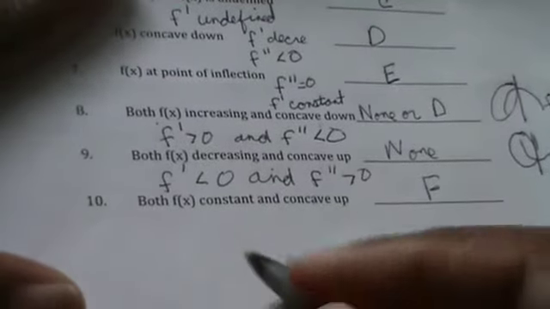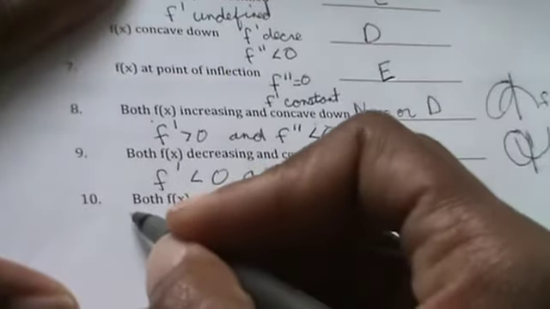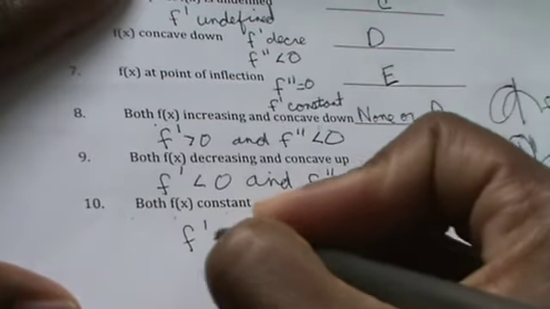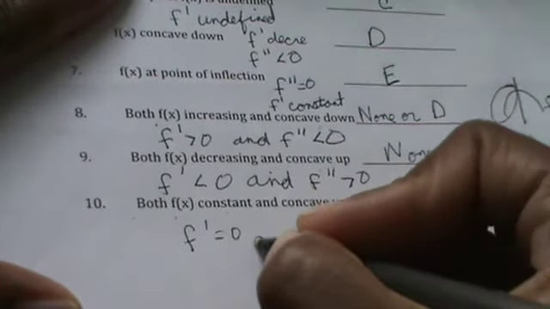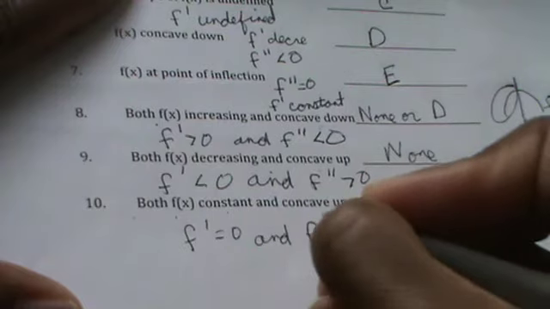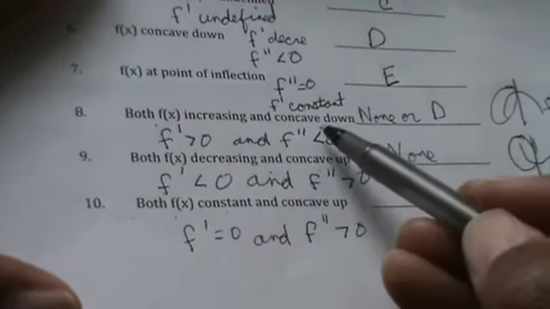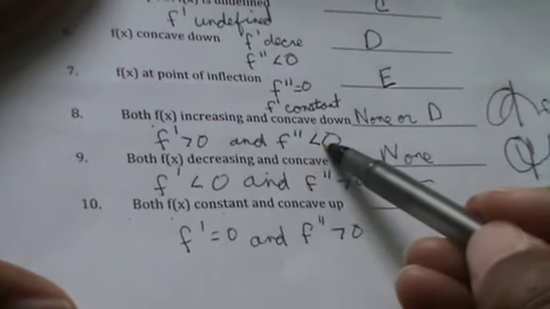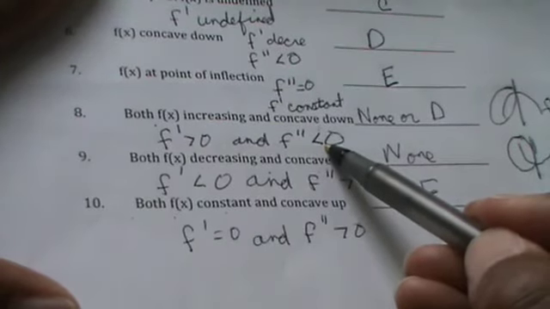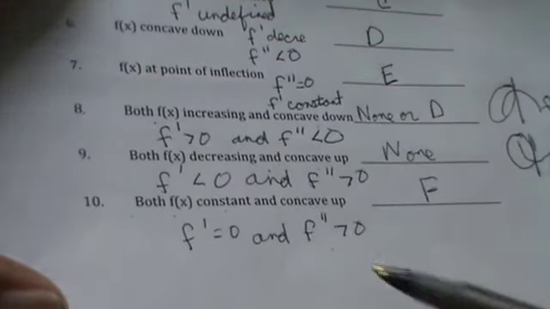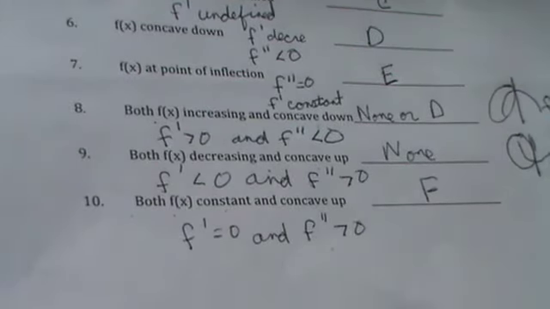And then last but not least, instead of saying that both f is constant and f is concave up, I'll say f prime equals 0 and f double prime positive. Notice these last 2, you could also say, well, these 3, right? So this one, I could say f prime is decreasing. Here I could say f prime is increasing. And here I could say f prime is increasing.